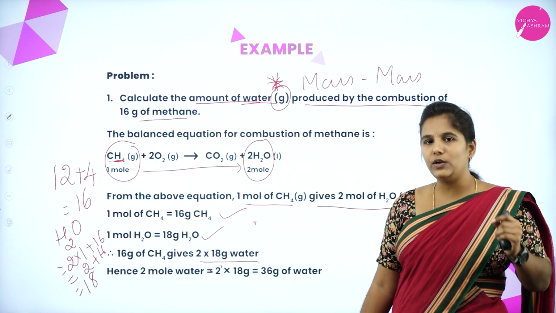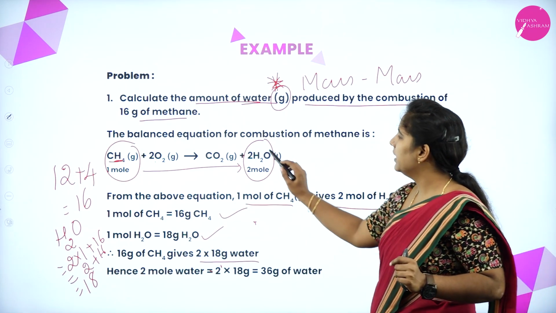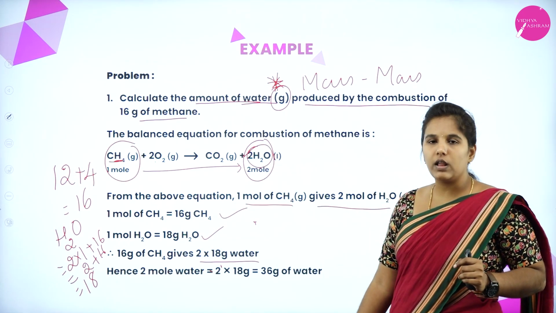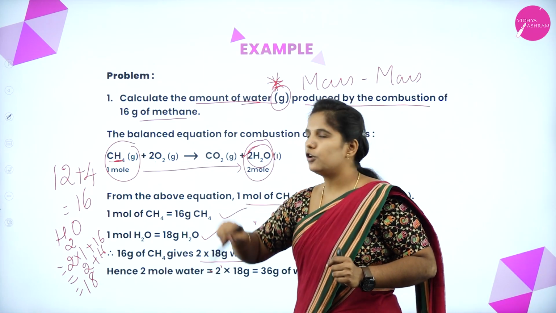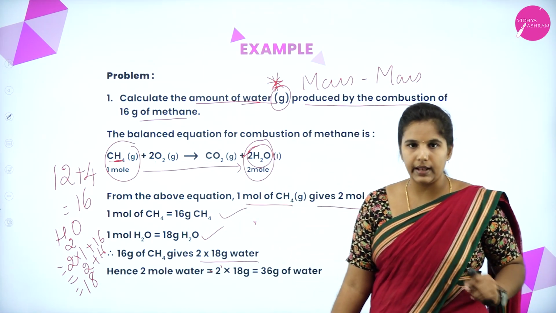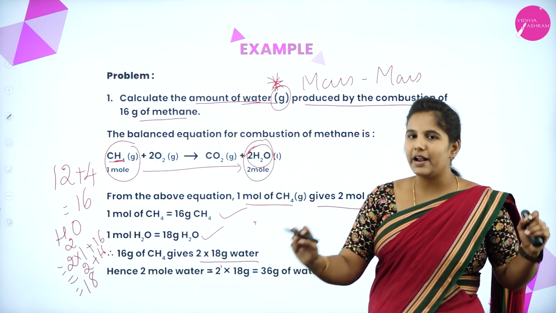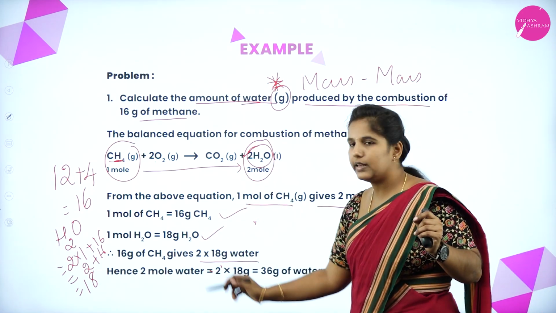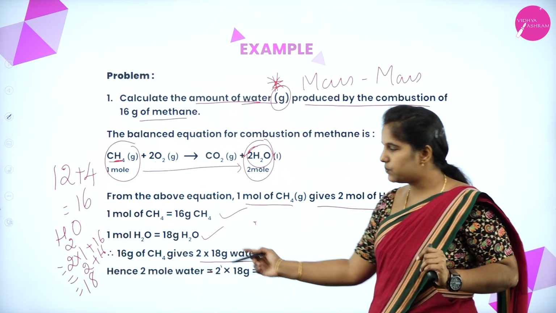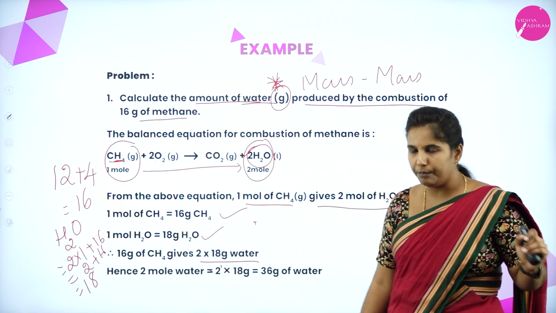Why is it 2 into 18 gram of water? Because here 2 moles of water will be formed by the combustion of 1 mole of methane. That is why the 18 gram is multiplied with the 2, which is formed by the 16 gram of methane.